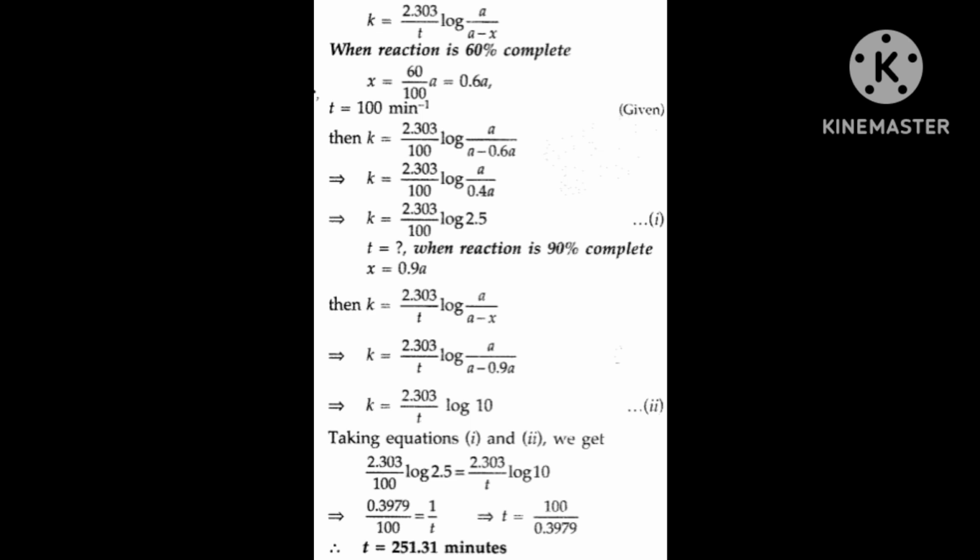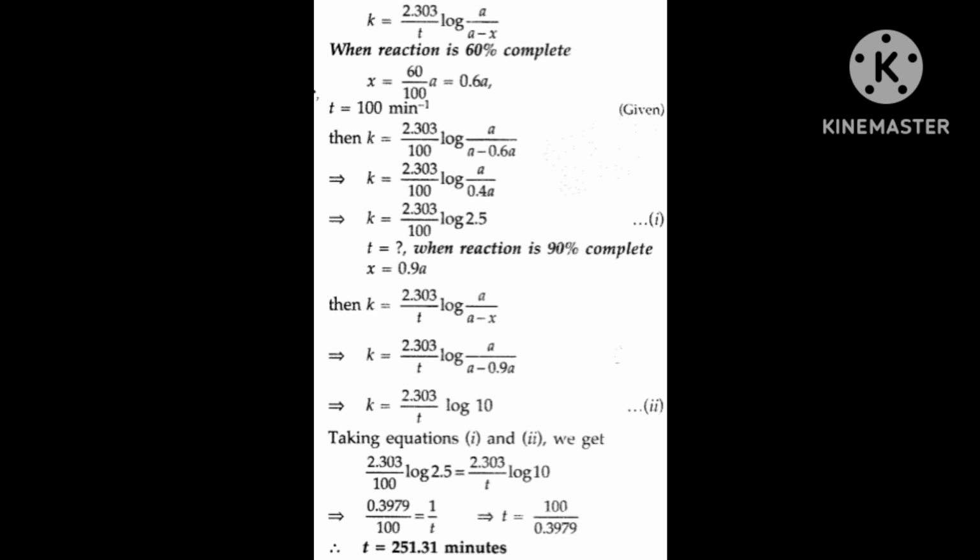The concentration of N2O5 after 60 minutes was 0.20 into 10 to the power minus 2 mole per liter. Calculate the rate constant of the reaction at 318 Kelvin.